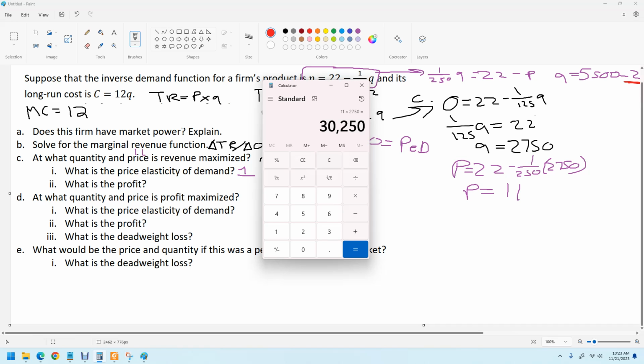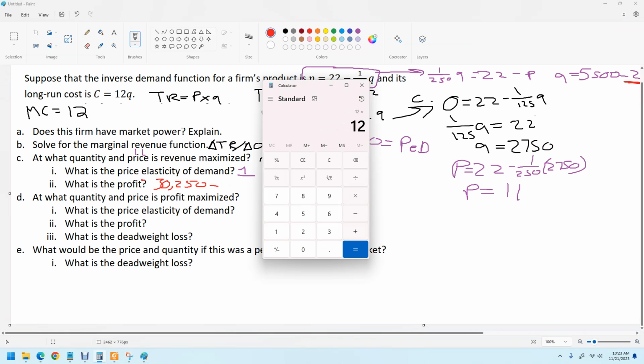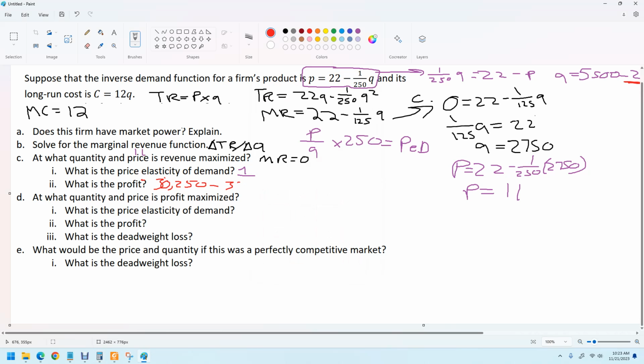So it's 30,250. That's our total revenue. Minus our total cost, which is going to be 12 times 2,750, and it's 33,000. So the difference between those two is a negative number.